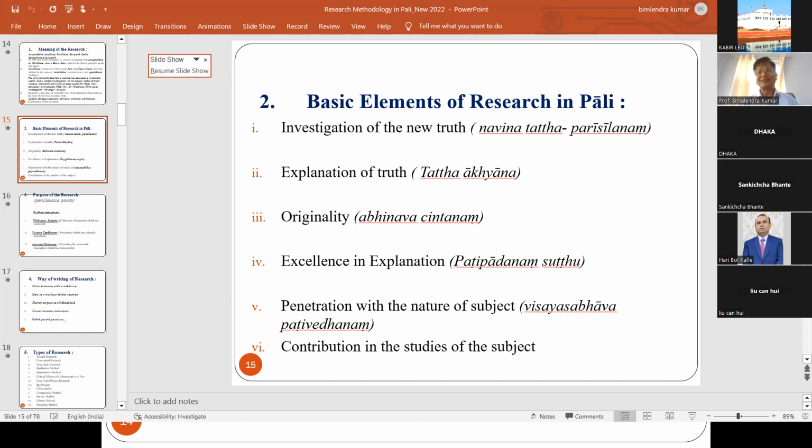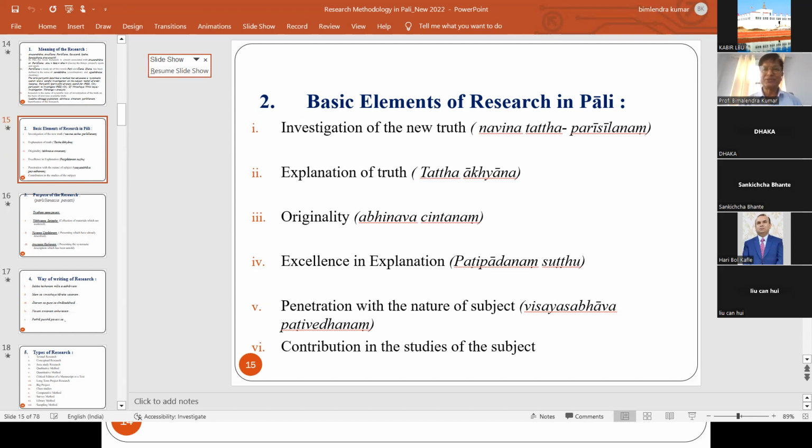There is another, that is how you penetrate into the nature of the subject. It is in another way the right understanding of the concept or the ideas or the thoughts. It can be understood by the term pragya in Sanskrit, or in Pali, panya.